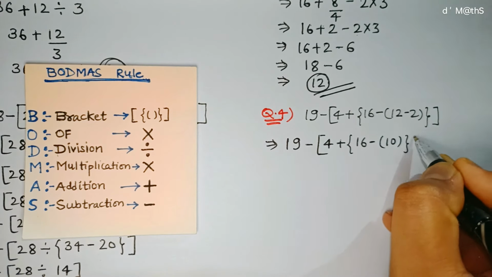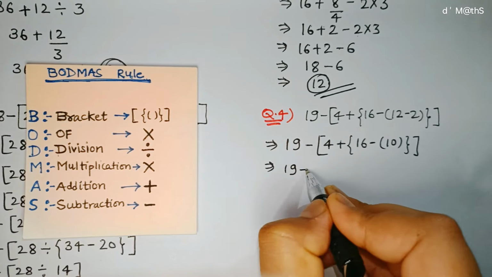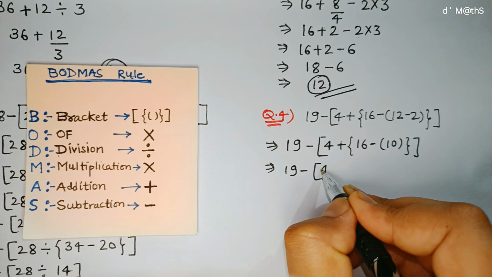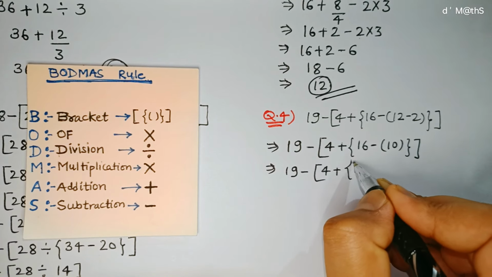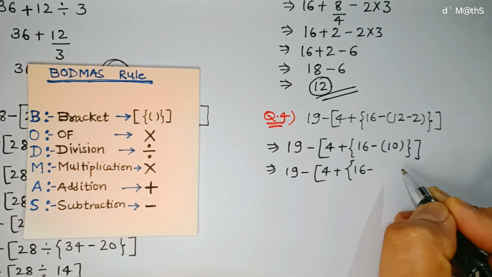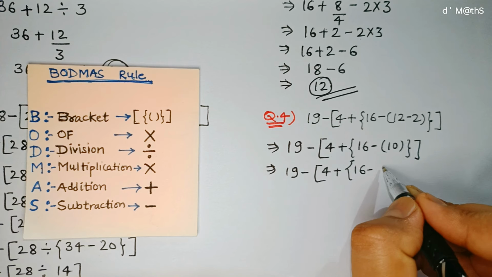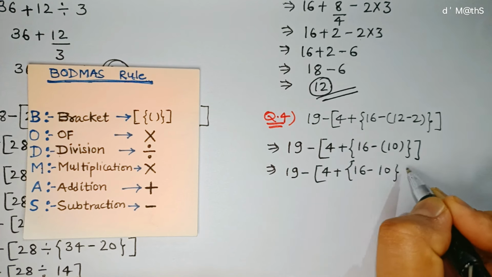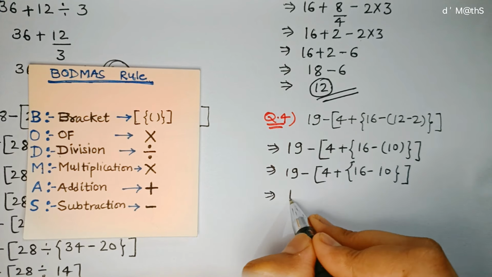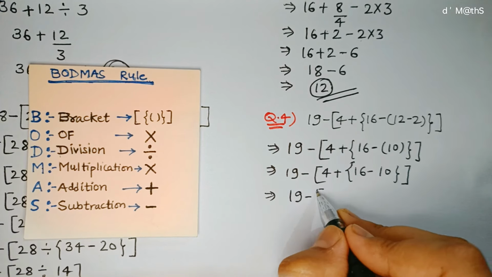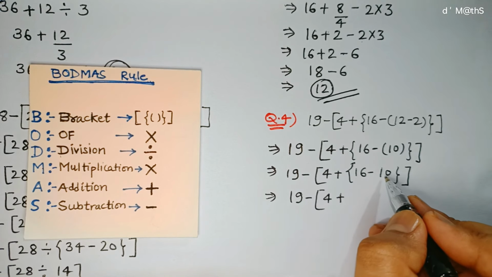Again 19 minus 4 plus, under the curly bracket 16 minus, this bracket will be removed. Only one digit is there, 10, curly bracket, then bracket closed. Again 19 minus bracket 4 plus, 16 minus 10, how much?